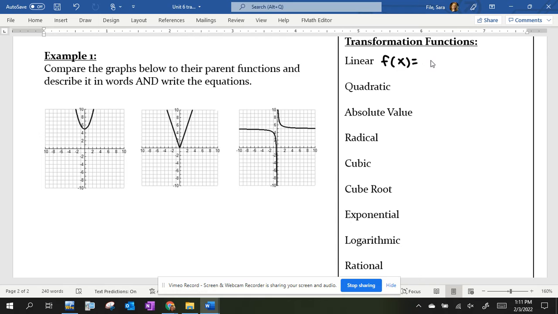So that is your a. A is the slope. And then b was the y-intercept. So that's vertically shifting from the origin where the parent function crosses. So that's your k. So ax plus k, it's the same as mx plus b, but we're just going to try and keep all the same variables or letters.